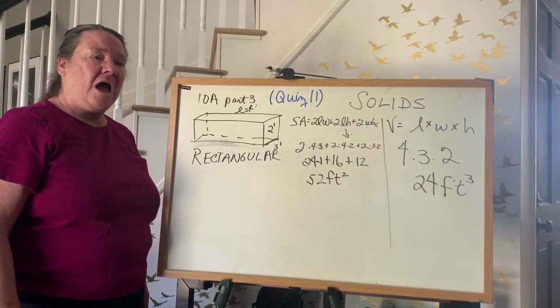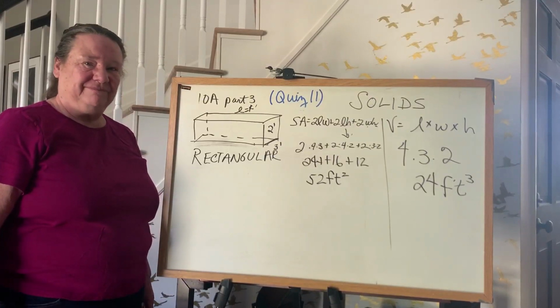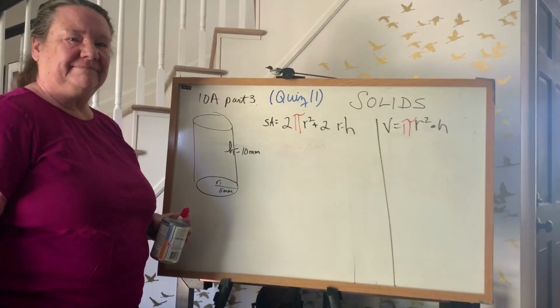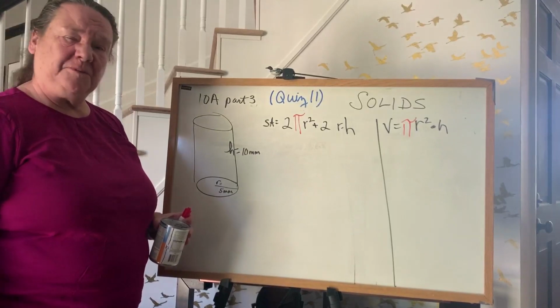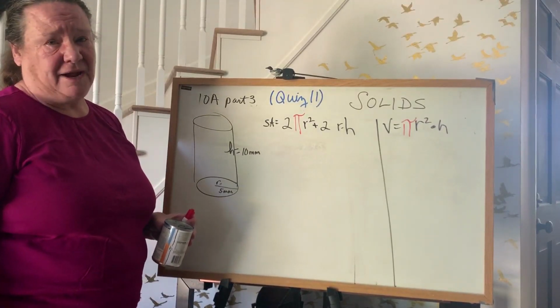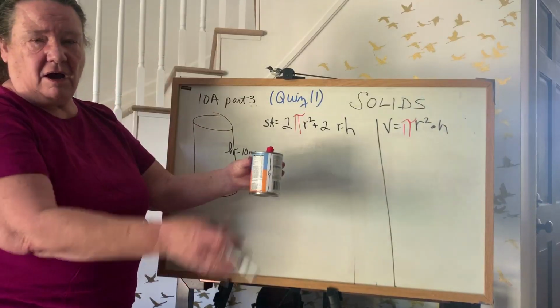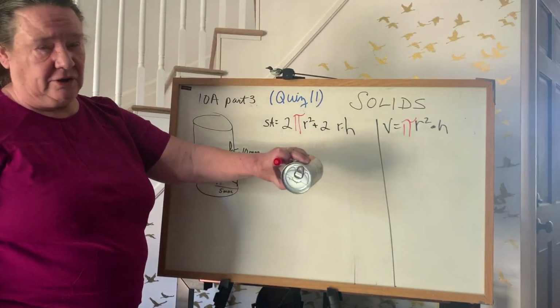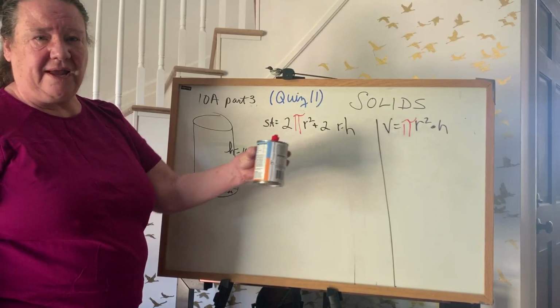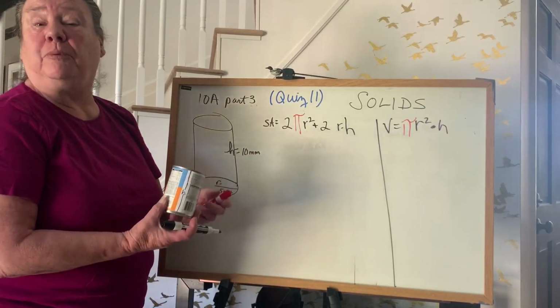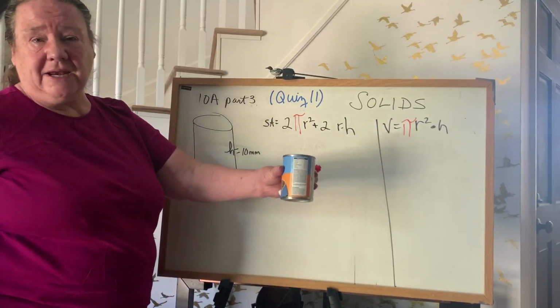Okay. One more problem. This is our last problem, and I saved the hardest for last. This is a right, as in upright, circular cylinder. Think of a can of Pringles or any can in your pantry.